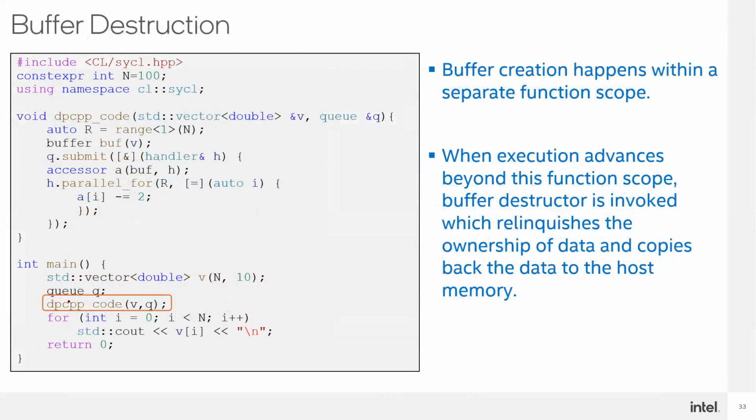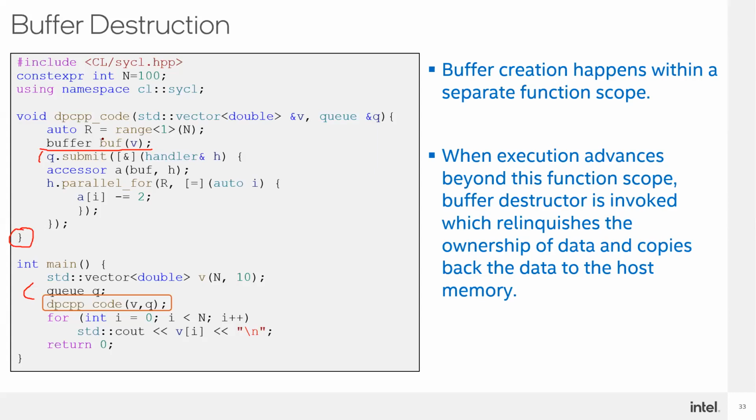The other way is buffer destruction. In the original hello world sample, I outlined that I created an additional scope there. And in the same way it happens here. Once we created the queue, we pass this queue as an argument to this function. Inside this function, we create a buffer and do the submit operation. Once we exit this function, the buffer destructor is called.